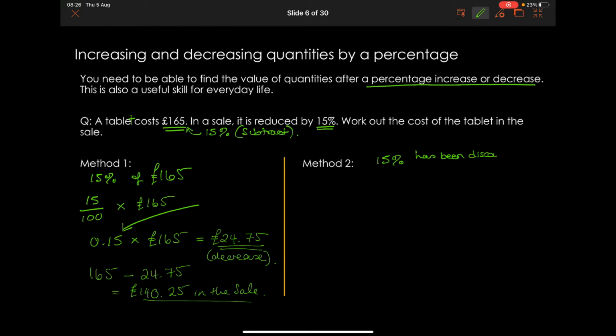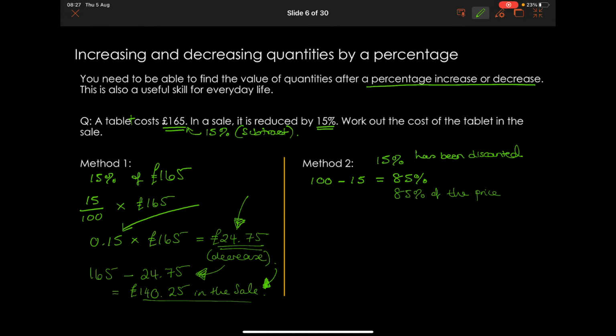So instead of having to work out how much 15% is and then taking it off, I want to just work out this amount straight away. And the way I do that is I take 100% and I subtract 15 from it, giving me 85%, which means I only want 85% of the price.